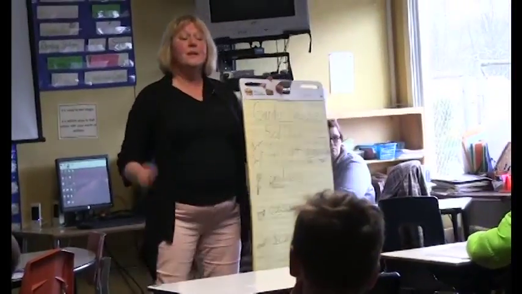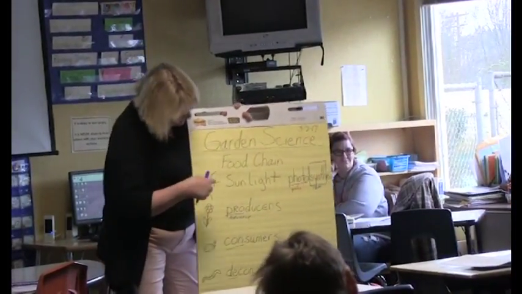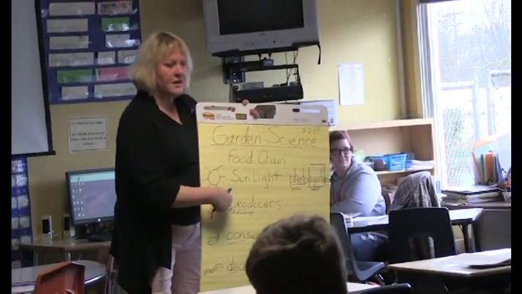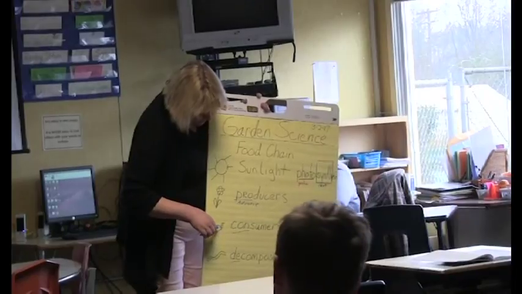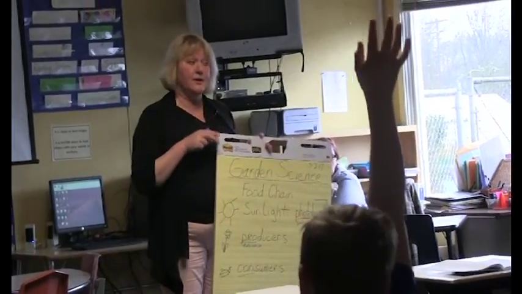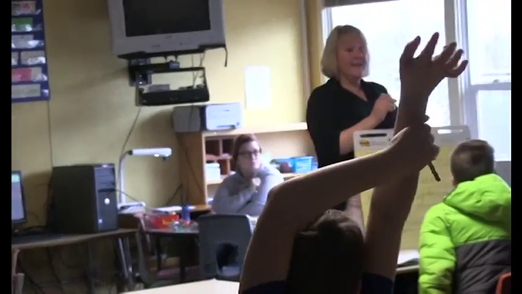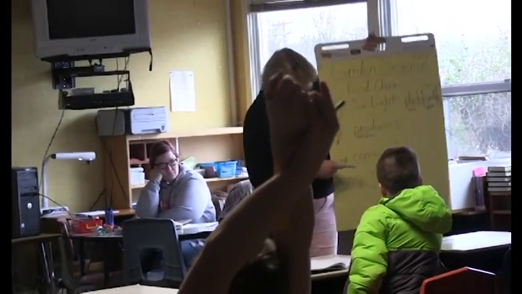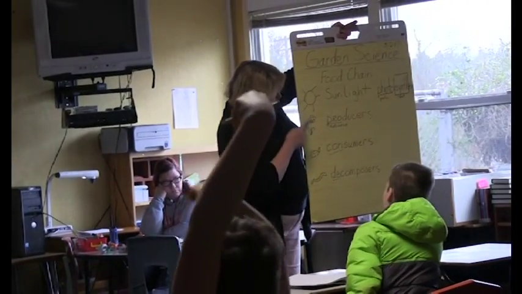All right, next word is consumers. Those are the plants or animals that eat up the producers. Can you think of an example of a consumer? And it doesn't just have to be in our garden. Wade. Caterpillar. What is he eating? The caterpillar is eating what? Weeds.